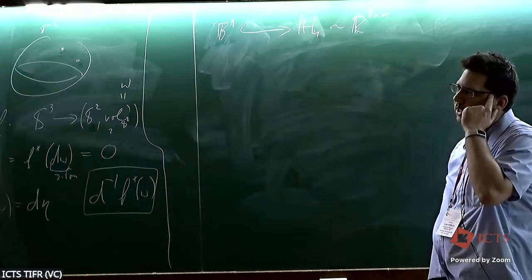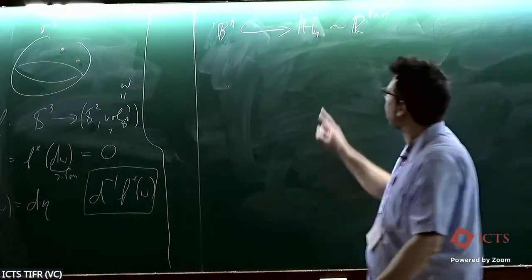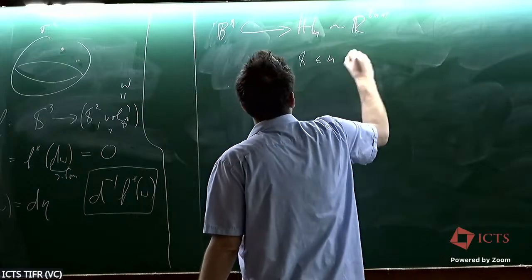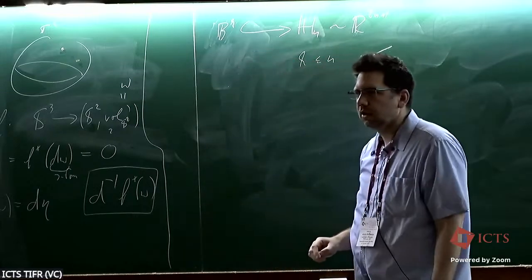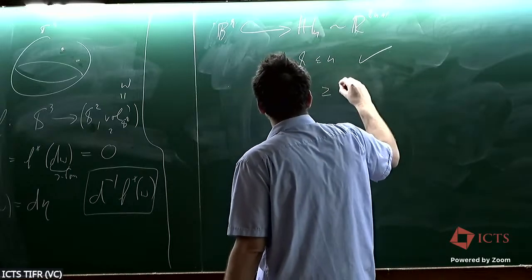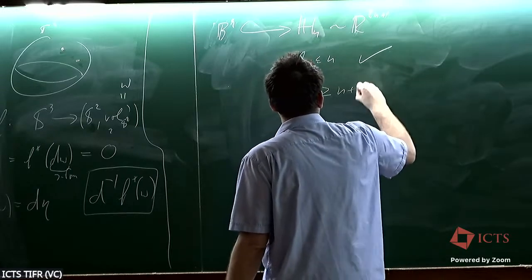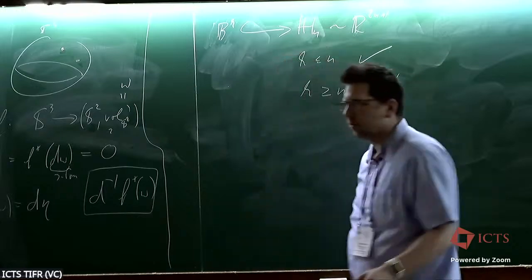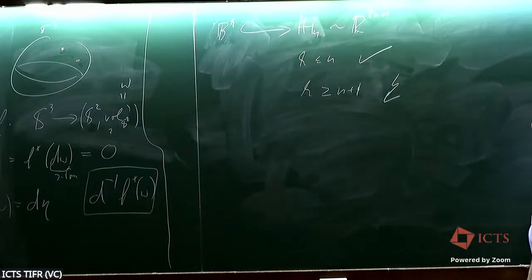What you relatively easily can show is that if k is less than or equal to n, no problem. And if you're Lipschitz, it's not so difficult to show, no way, once you're above n plus 1. So in that sense, the Heisenberg group is like n-dimensional. You cannot fit anything n plus 1 dimensional.